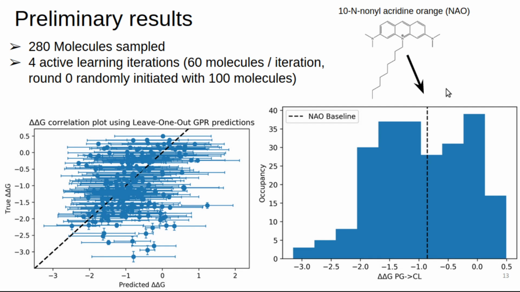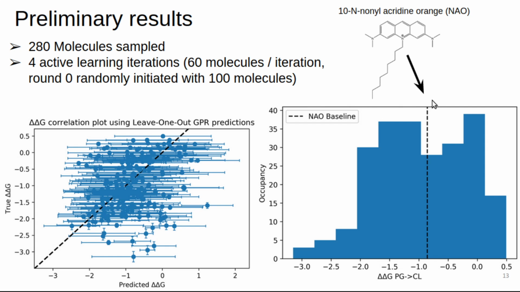So we've begun this sampling and have some preliminary results where we've sampled so far a total of 280 different molecules. So this constitutes 4 rounds of active learning, where in the first round we initialized our model with 100 randomly chosen molecules from the space, and then each subsequent round we select 60 candidate molecules to simulate and to evaluate.